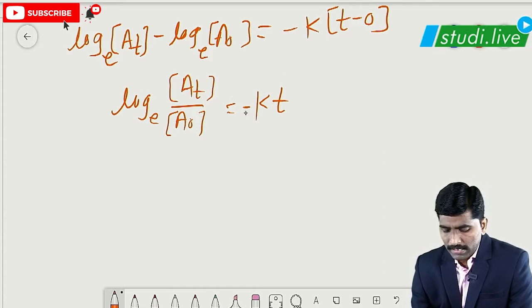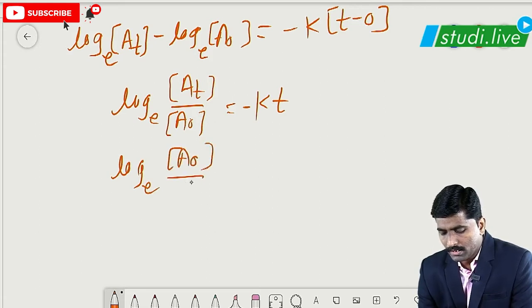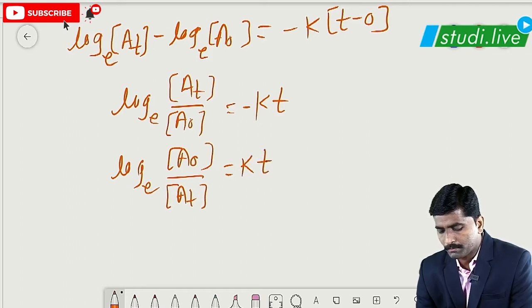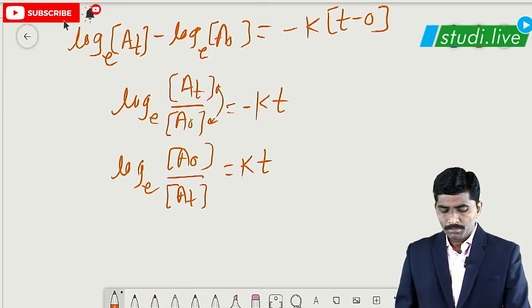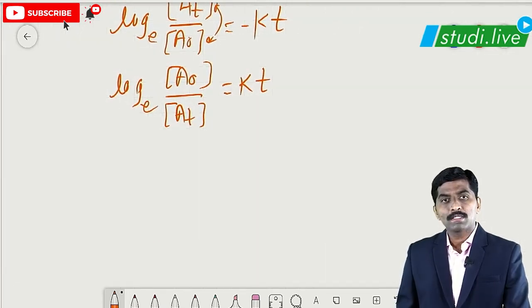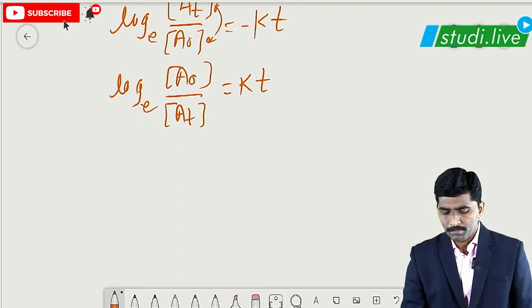And to cancel this negative sign, I will change this term as log to the base e of A0 upon At, which is equal to kt. I have removed the negative sign, but I have changed numerator and denominator. So, I have cancelled the negative sign over here by exchanging numerator and denominator.